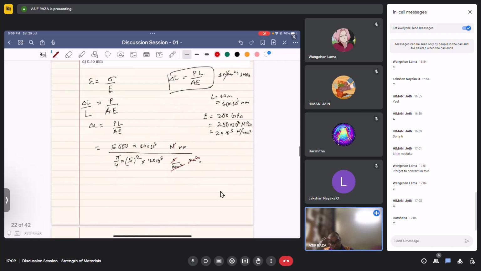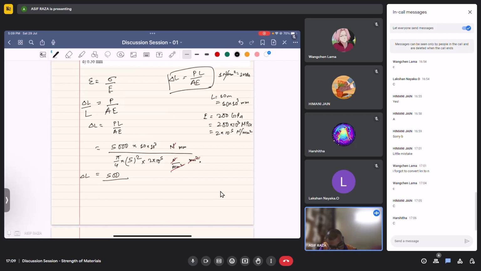Now let's try to solve the numerical values. Here 10 to the power 3, here we have 10 to the power 5. So 3, 500, because 3, 4 and 5.